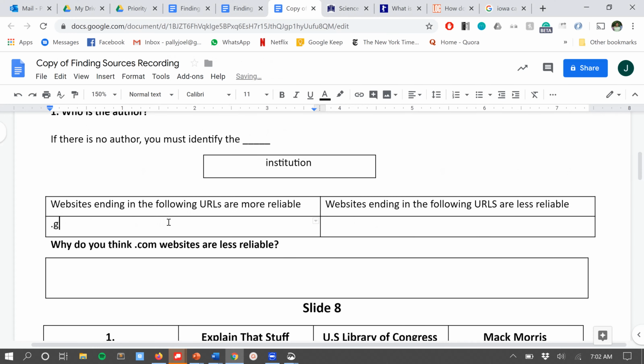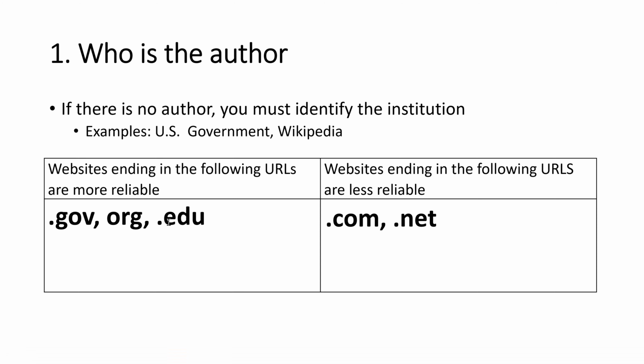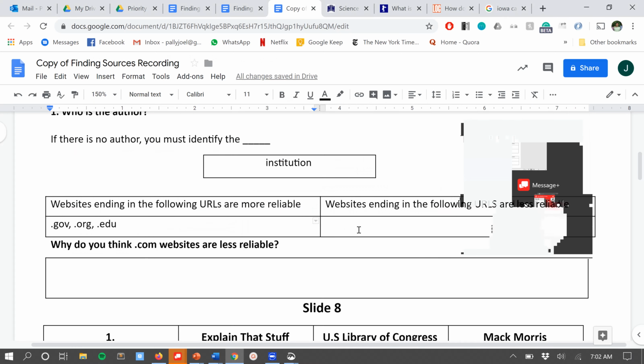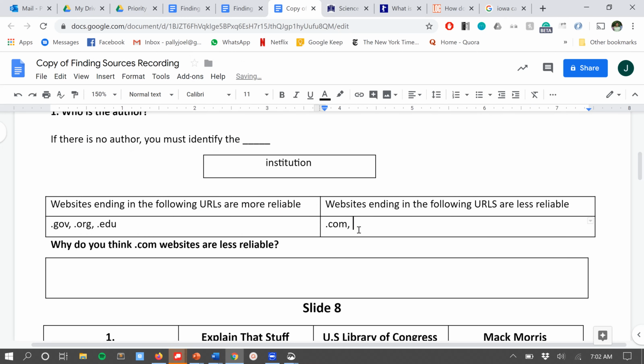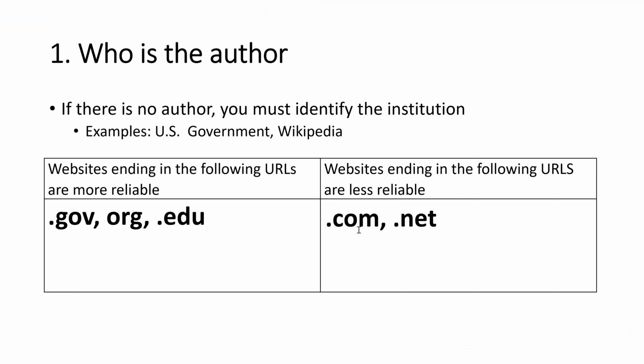So .gov, .org, and .edu tend to be the most reliable sources for information. Websites ending in the following URLs are less reliable. Those include .com, which stands for commercial, and .net. .net is less popular now. A lot of the time, if people were making their own websites, they would use .net. So both .com and .net are not as reliable.